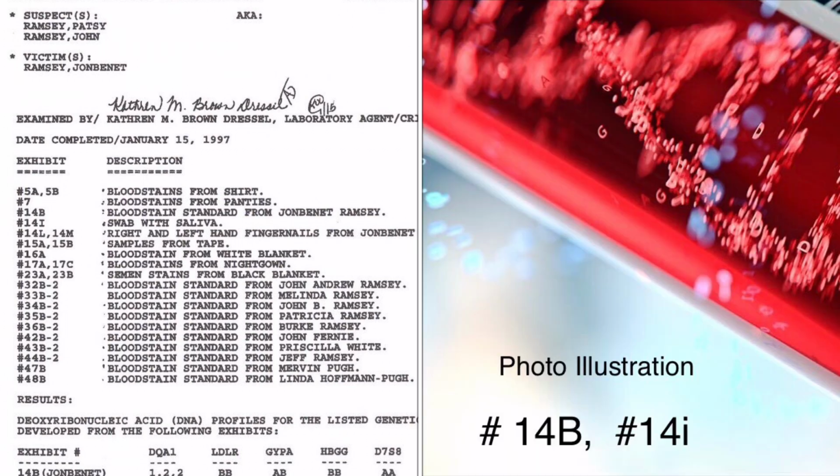Exhibit 14B, blood stain standard, and 14I, the swab from the saliva. These samples were taken during the autopsy and are used to compare with the other exhibits to see if they match or not.